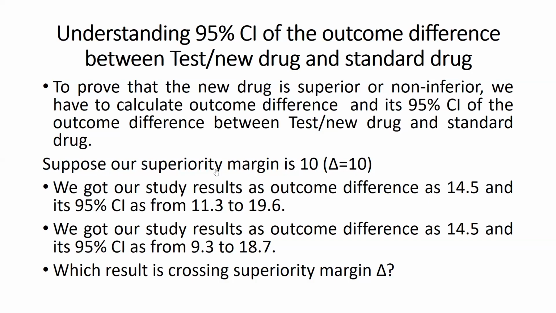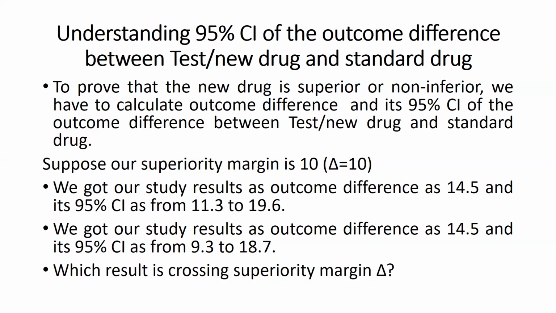We have to just go from the lower bound of the 95% CI to the upper bound. We have to walk from 11.3 to 19.6, and please tell me, is there any 10 in between? Are we crossing 10 or not? If we are not crossing the superiority margin, it means our drug is superior.